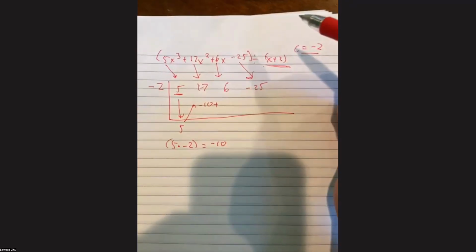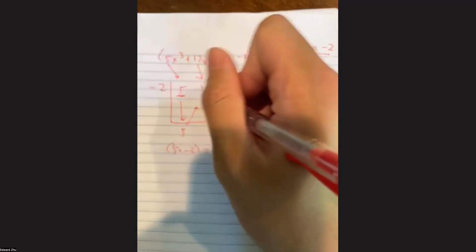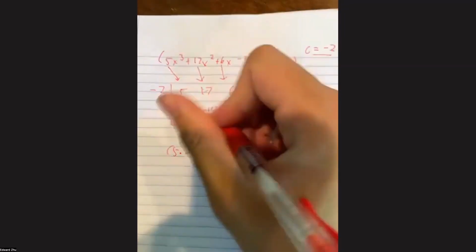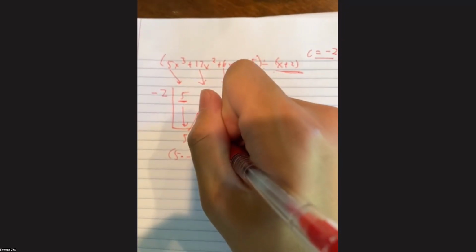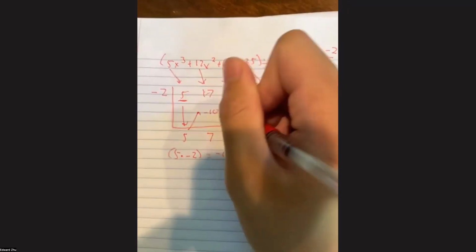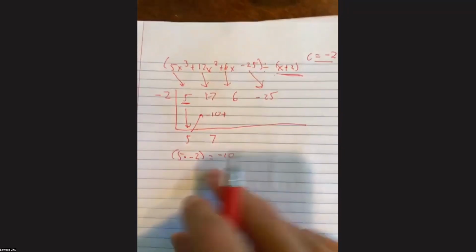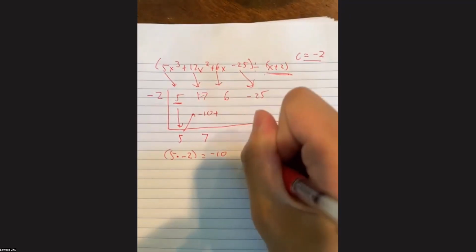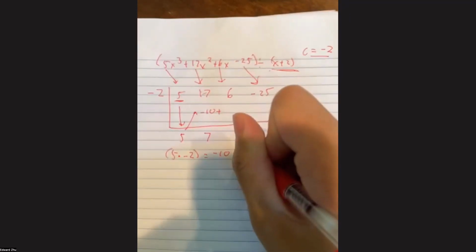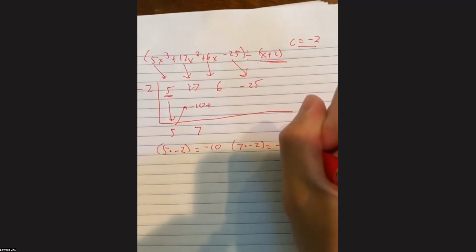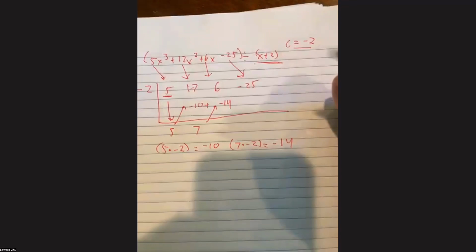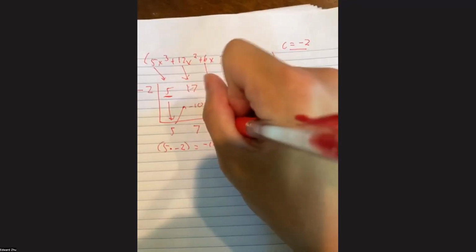So afterwards, you have -10 plus 17, you are left with 7, right? And then you would do the same process again. It's a lot of repeating. So 7 times -2, you would get -14. You move the -14 up to here, add that to the 6, you get -8.